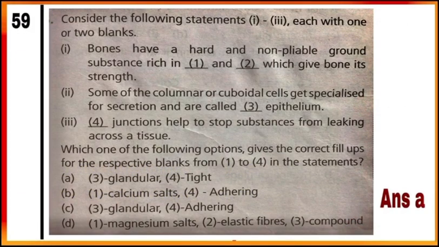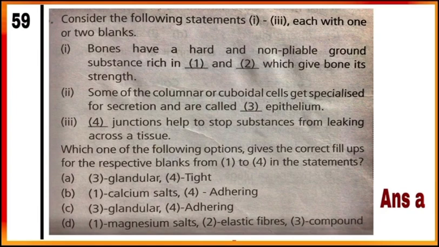Question 59. Consider the following statements 1 to 3, each with 1 or 2 blanks. Which option gives the correct fill-ups for the respective blanks from 1 to 4 in the statements? Statement 1, bones have a hard and non-pliable ground substance rich in calcium and phosphates which give bones its strength. So number 1 is calcium and number 2 phosphates. Now come to statement 2.